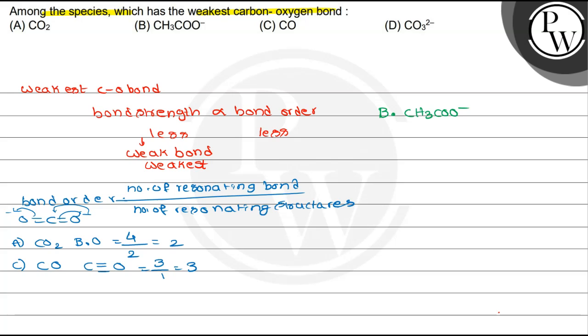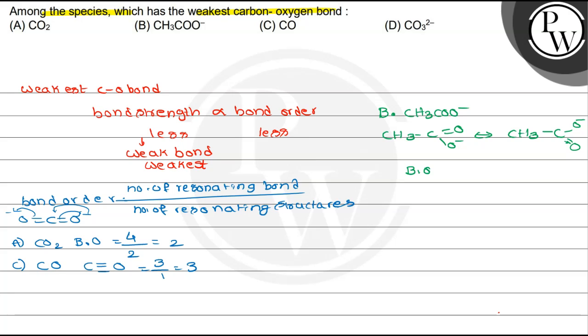Whenever we see the resonating structures, one is CH3, C double bond O, O minus, and the other is CH3, C, O minus, double bond O. So there are 2 resonating structures.